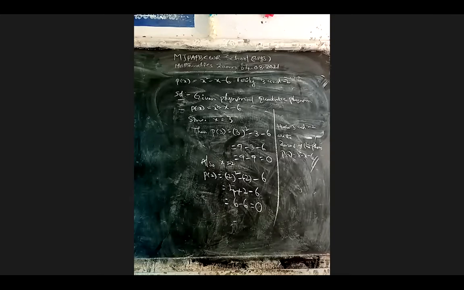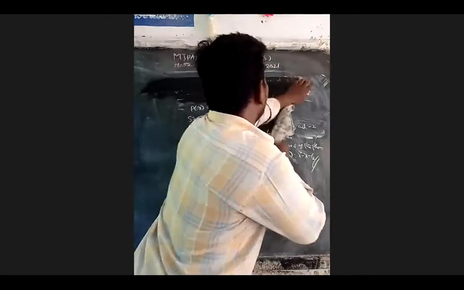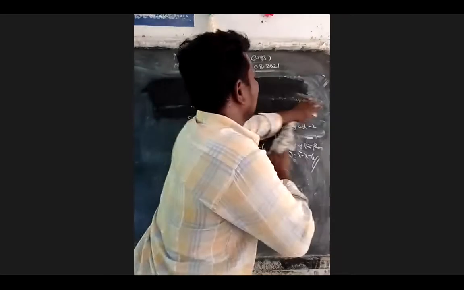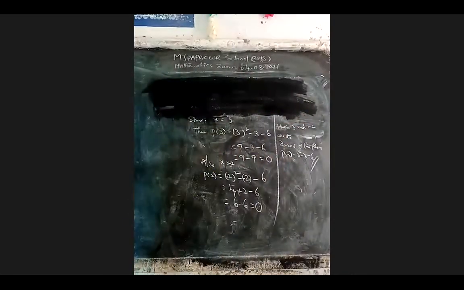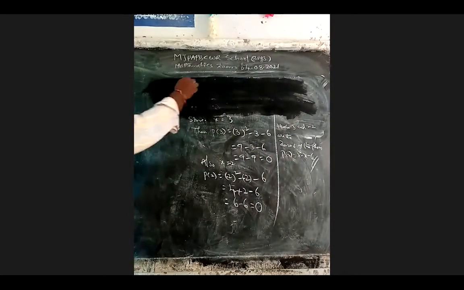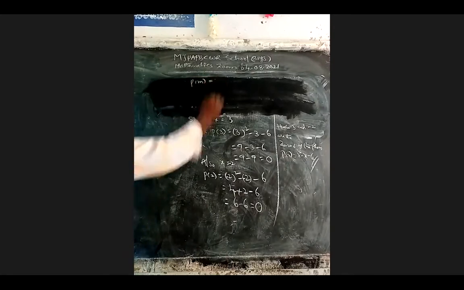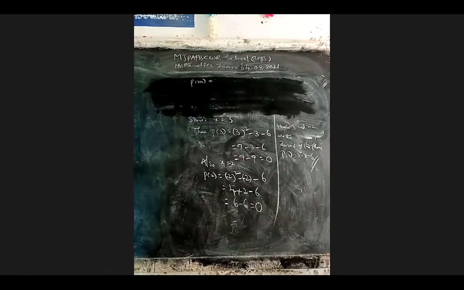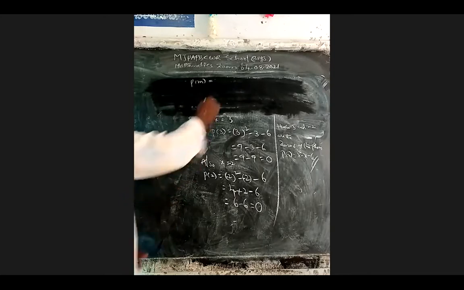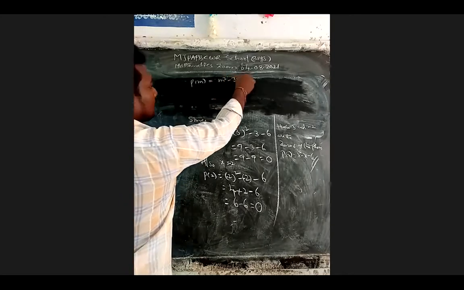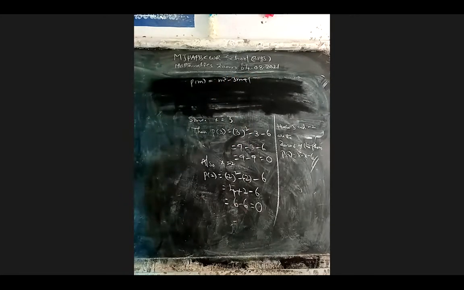And the last one. P of m equals m square minus 3m plus 1.